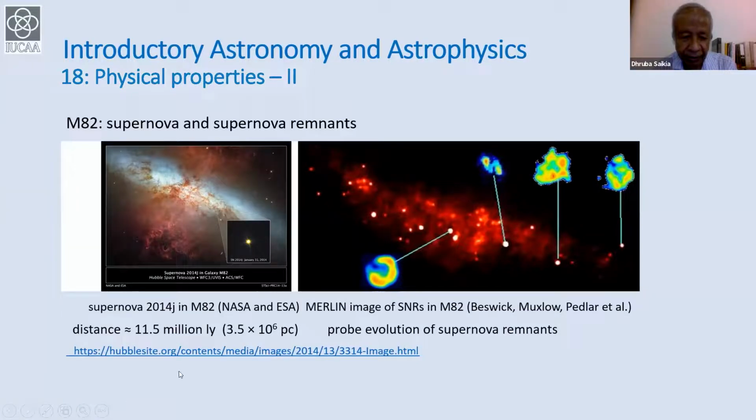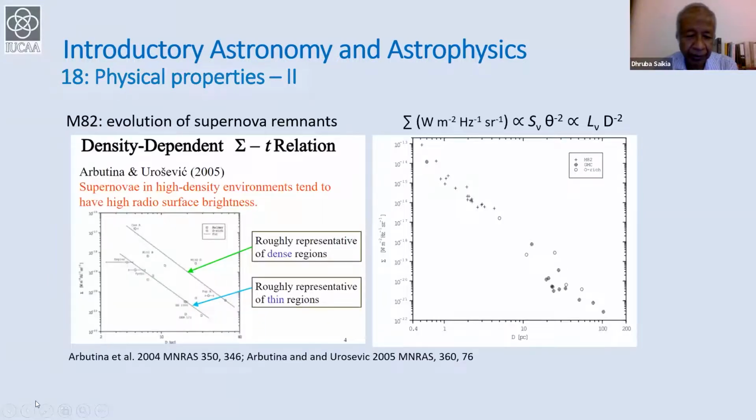And what you can do is measure the average surface brightness of this object. You can know what the size is, you know what the flux density is, and you can see how that might change with time. It just gives an idea of how surface brightness changes as the source evolves, as the supernova remnants evolve.